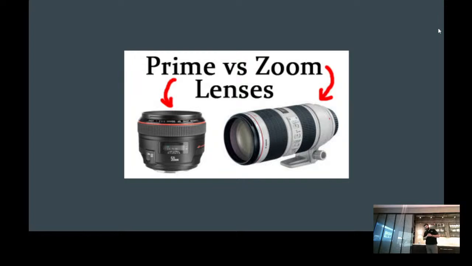That's where zoom lenses come in. Zoom lenses give you the ability of having a 2.8 aperture, which is still very good, but doesn't let nearly as much light in as a 1.4 or 1.2. You're going to get good zoom on the lens, which will help you get closer or further away from your object.